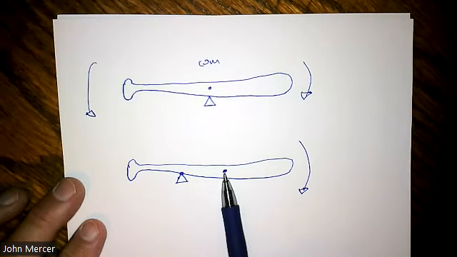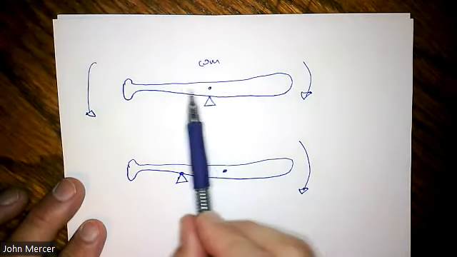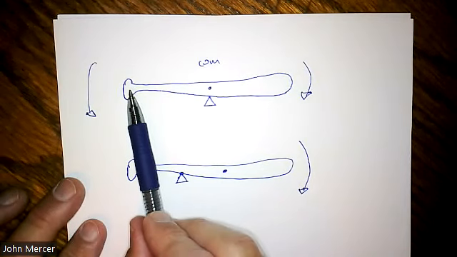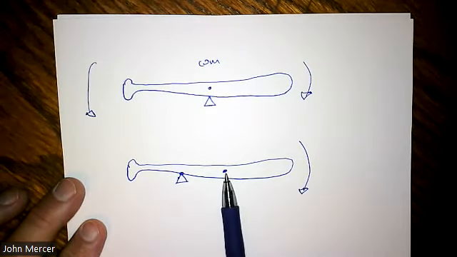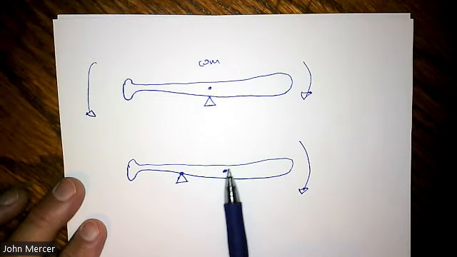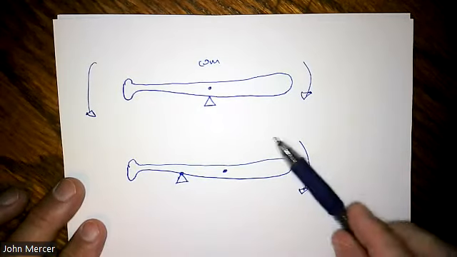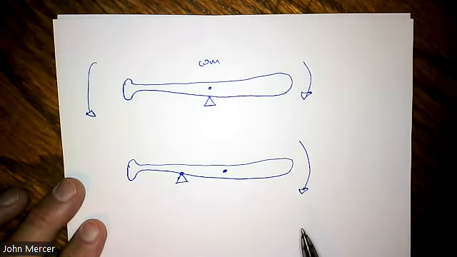The center of mass represents a point where all mass seems to be concentrated, meaning the same amount of mass is on each side of the bat. Here there would be more mass on one side: all this mass plus this mass, and just a little bit of mass over here. So logically, it's going to rotate down in that direction.